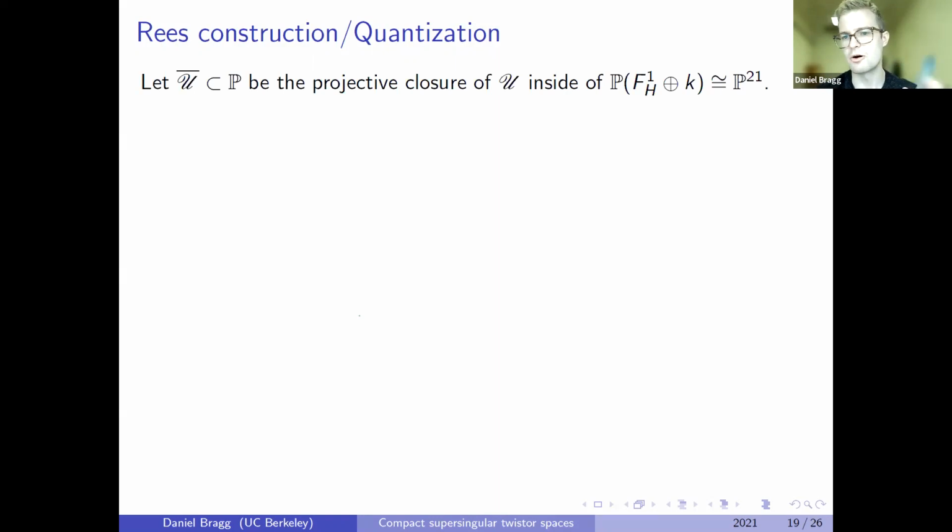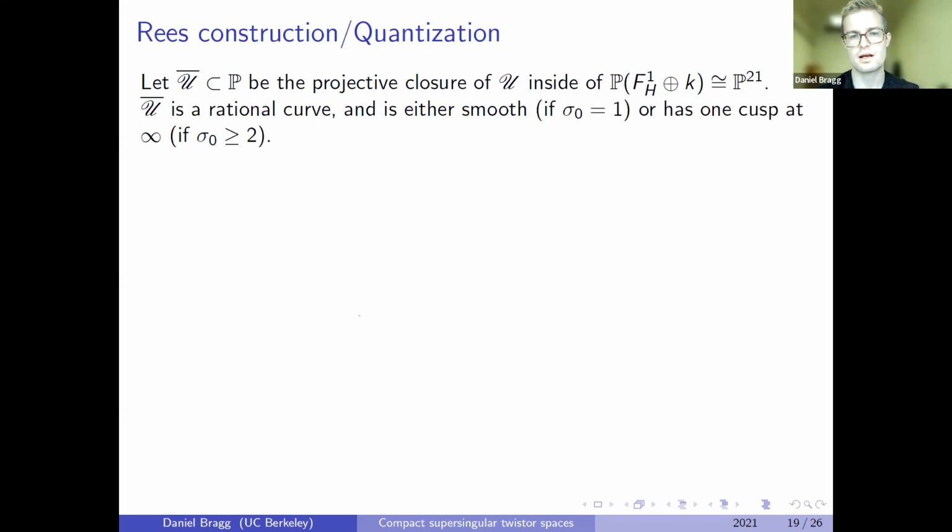So let me tell you what the output of this is. I said I had this curve U, which is inside of the de Rham cohomology. So I'm going to take its projective closure. This gives you some rational curve, and you can write down really explicit equations for this curve, but it ends up either being P1 if the Artin invariant is 1, or some kind of cuspidal curve in general.